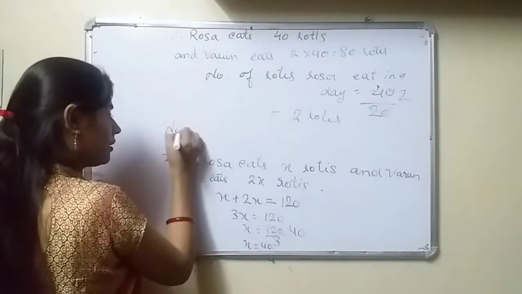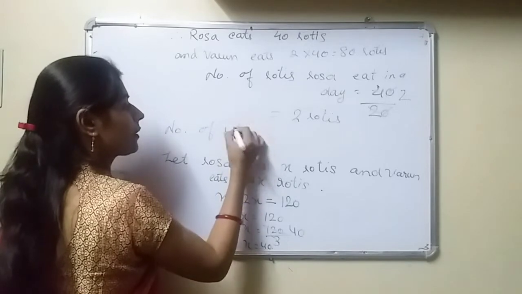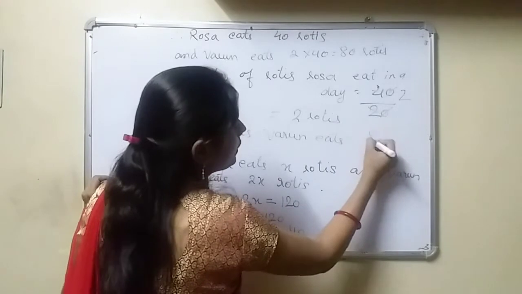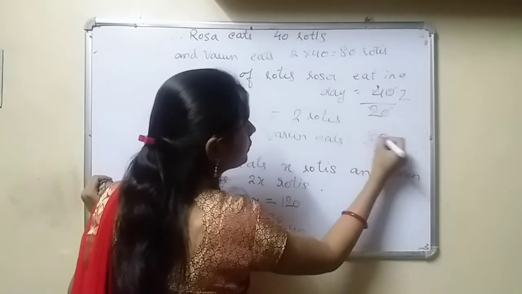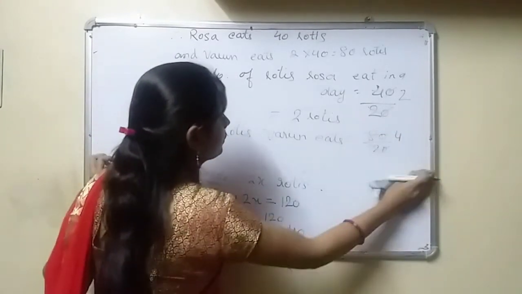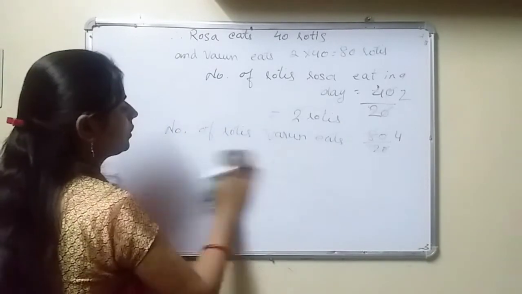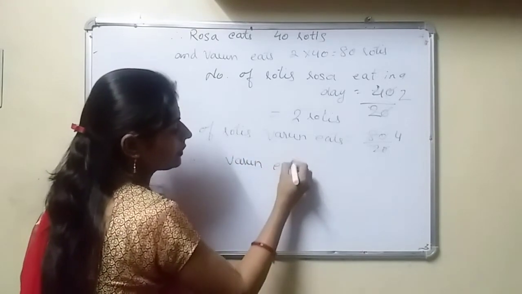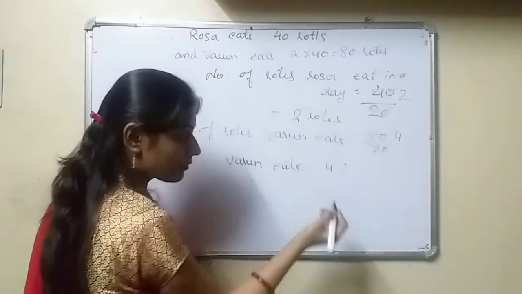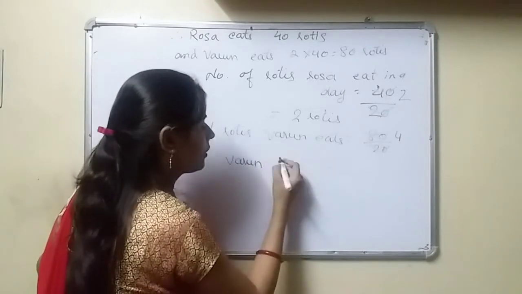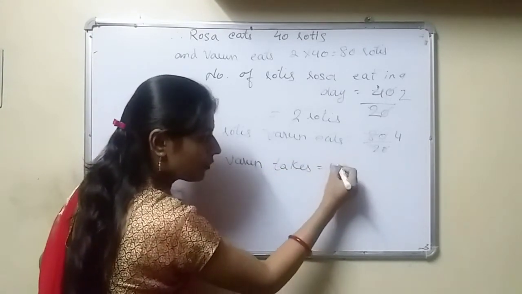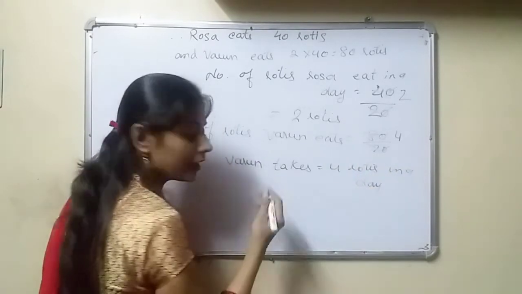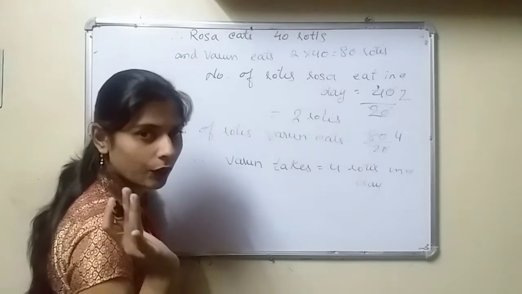Now the number of rotis Varun eats is equal to 80 by 20, which will become 4. Okay. Therefore, Varun takes 4 rotis in a day, but he always leaves half a roti.